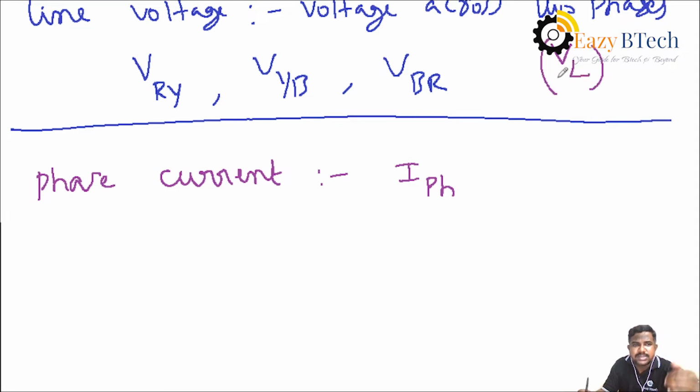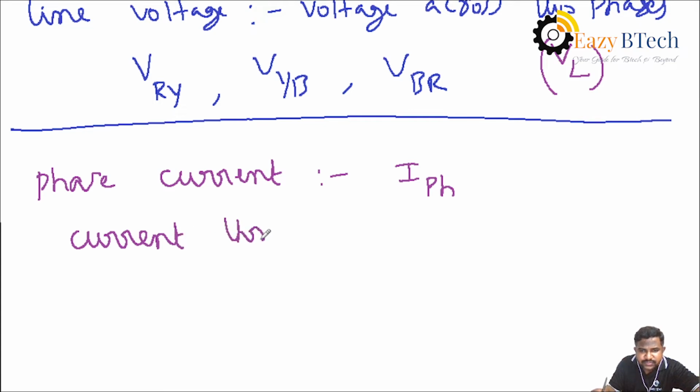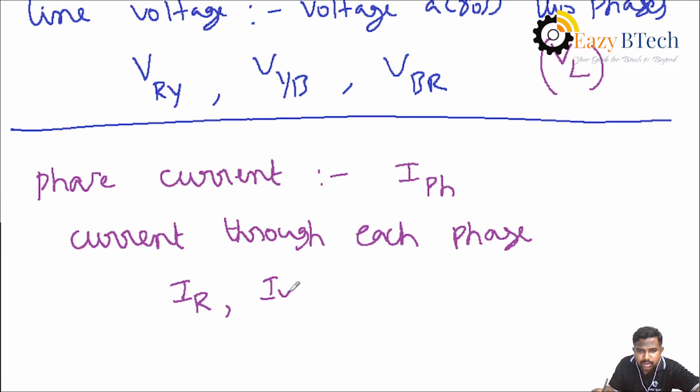Suffix L means line concept, suffix PH means phase concept. The phase current also means the same: the current which is flowing through each phase or each winding, that is the phase current IR or IY or IB. So that is called the phase current.